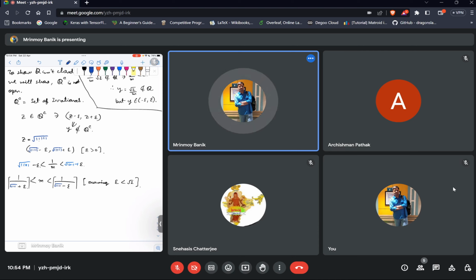So 1 by square root of 11111 plus epsilon, the ceiling of that thing obviously is much smaller than the ceiling of 1 by root of 11111 minus epsilon if we take epsilon large enough, right? So we can pick m from that, since these two numbers are not consecutive.